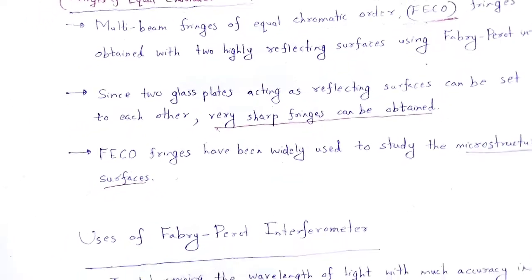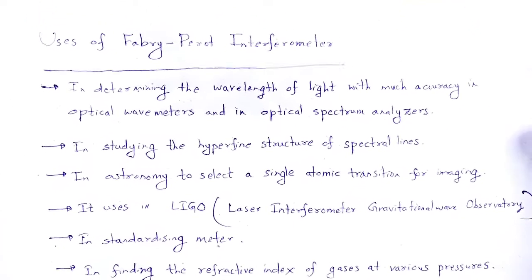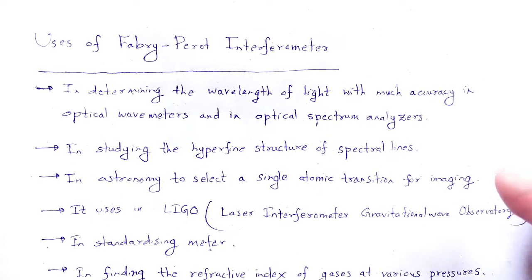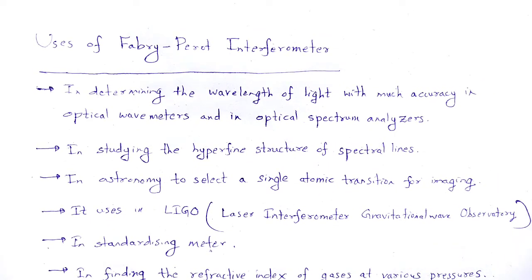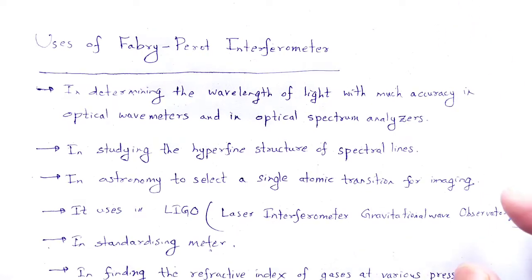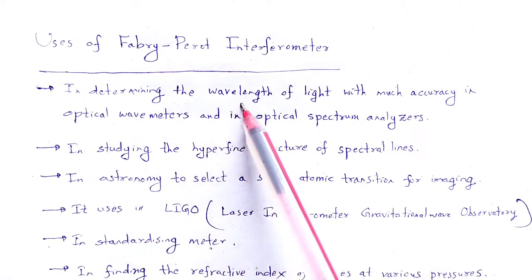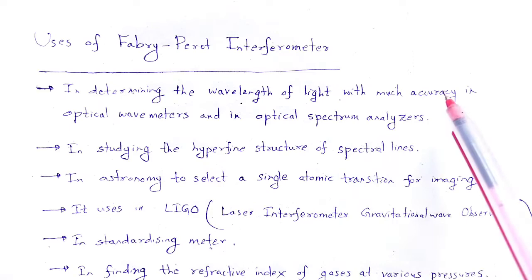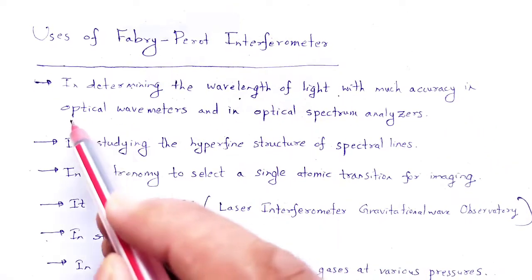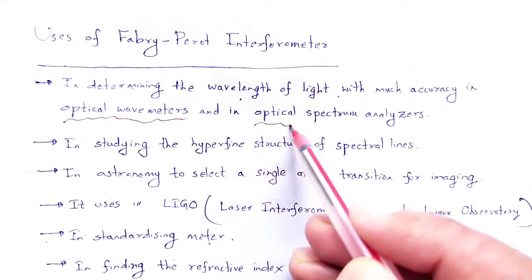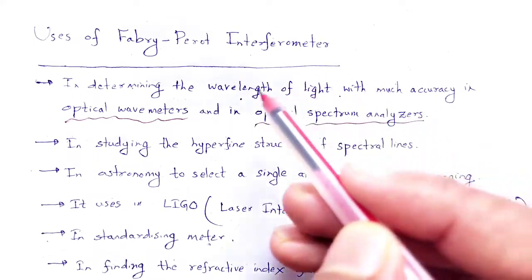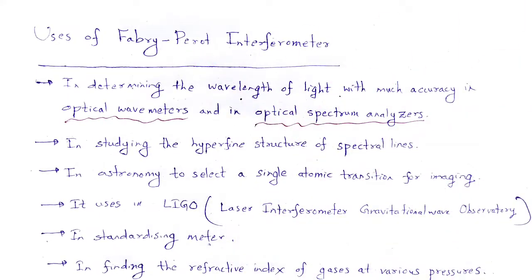Next, uses of the Fabry-Perot interferometer. There are various types of uses. In determining the wavelength of light with most accuracy, in optical wavemeters and optical spectrum analyzers, we use the Fabry-Perot interferometer.